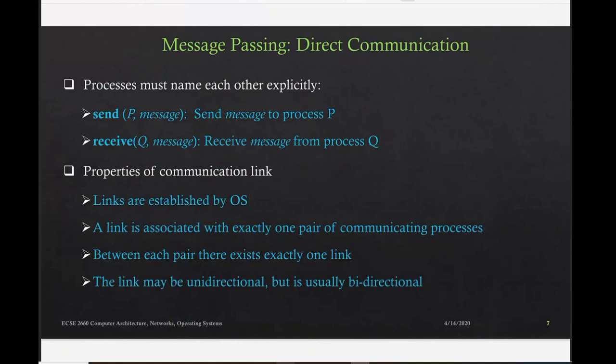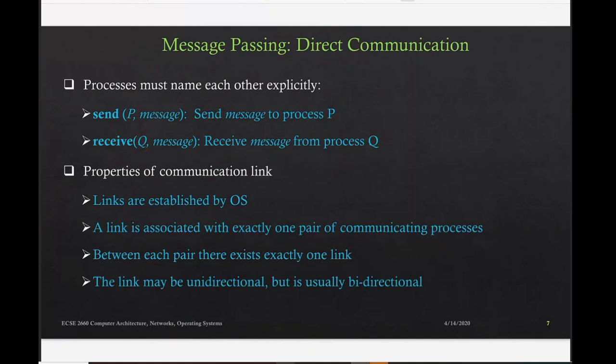So how do you name each other? Well, again, you have send and receive system calls to send a message and receive a message. But over here, because it's a direct communication category we are talking about, processes must name each other explicitly. So how are you explicitly naming the process? Well, you're using P and Q, right? The name of the process to which you want to send a message and from which you want to receive a message.